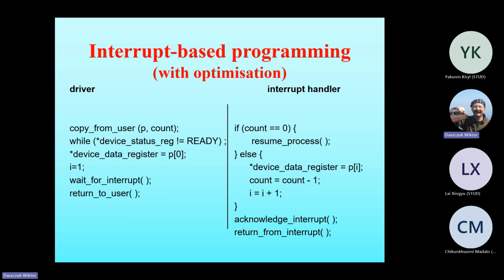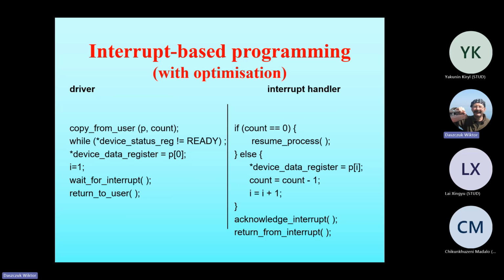In the interrupt handler, if it's the last character, we resume the process. Otherwise, we send the next character in the interrupt handler. We send the next character, we decrement count, increment the number of characters, acknowledge the interrupt, and return from it.